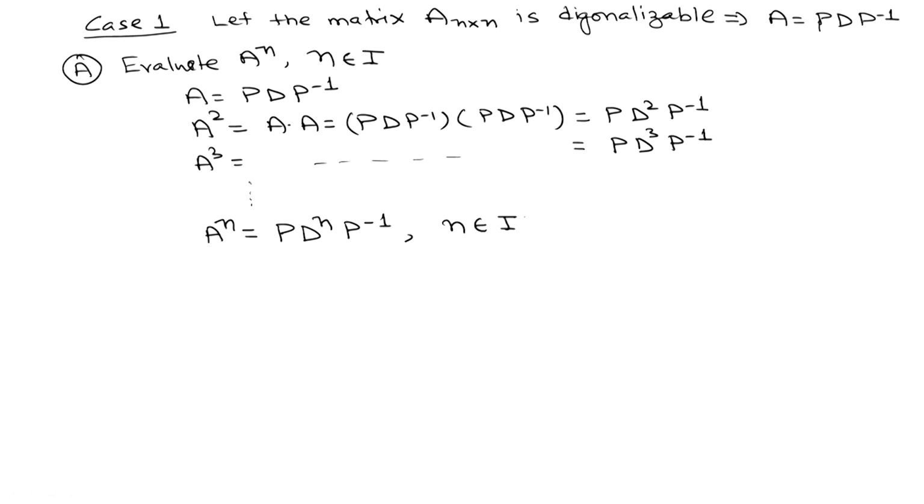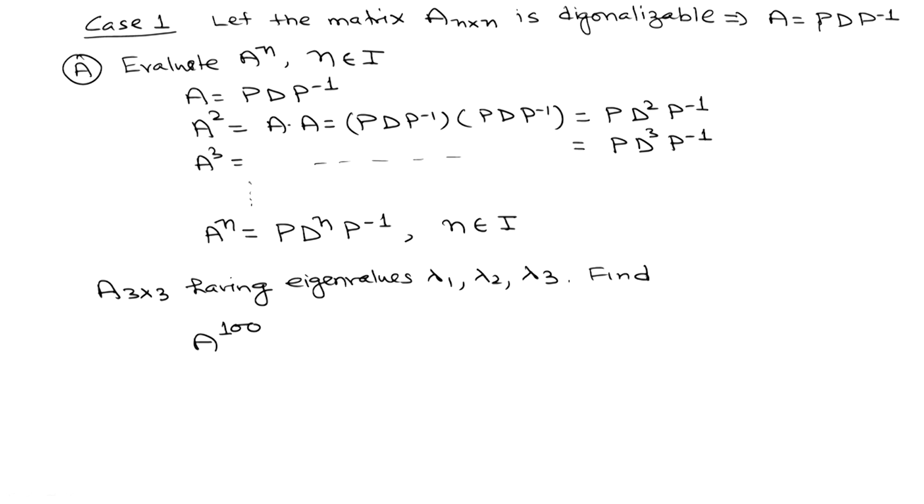For example, let us take A as a 3 by 3 matrix having eigenvalues lambda 1, lambda 2, lambda 3. Then I can find A raised to power 100.